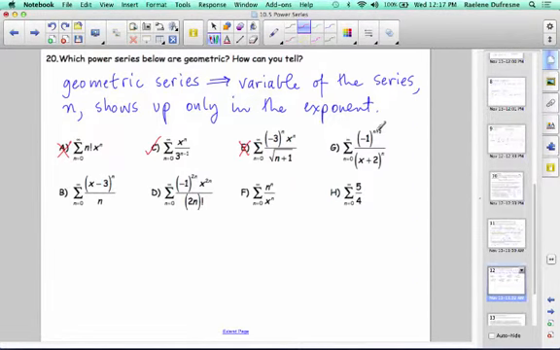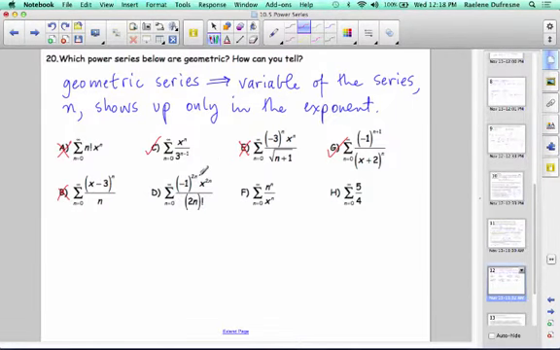In part G, we have n plus 1 in the exponent, and we have n in the denominator exponent. We also have x in the base, but x is not the variable of the series. Therefore, G is a convergent series, a geometric series. In part B, we have the variable n in the exponent, but also in the denominator as a base, so B is not a geometric series.